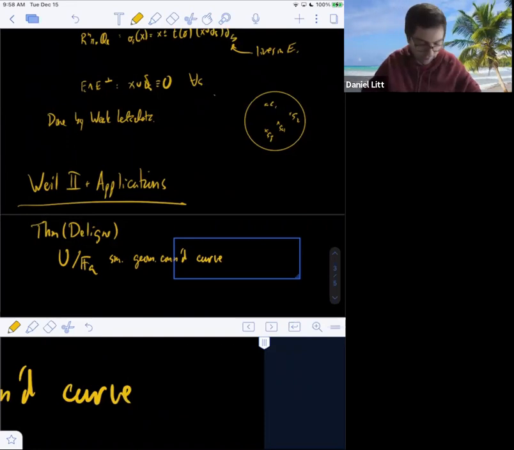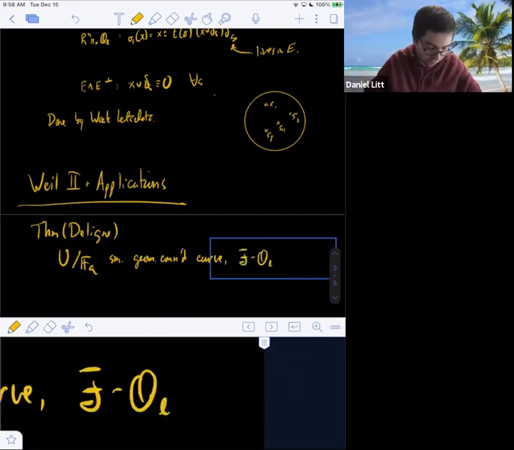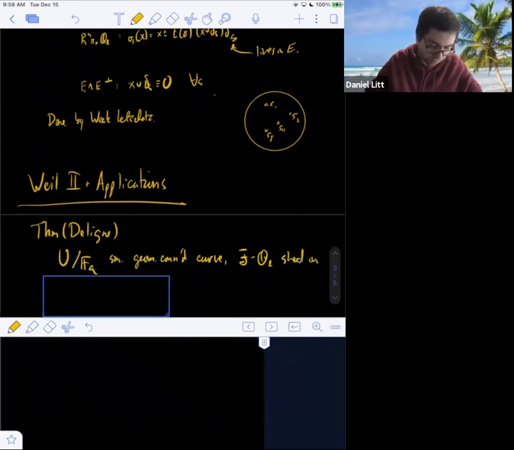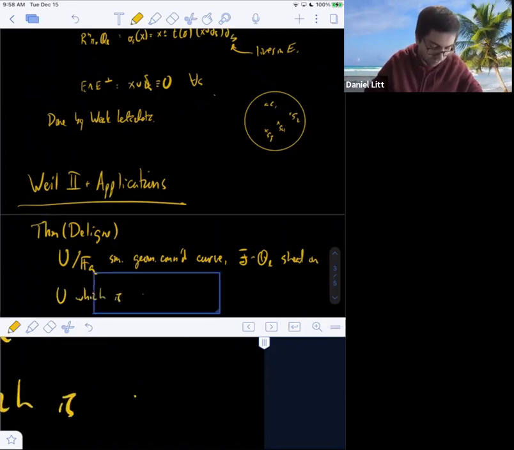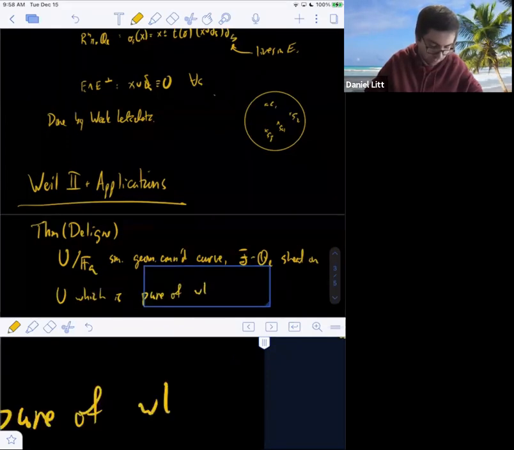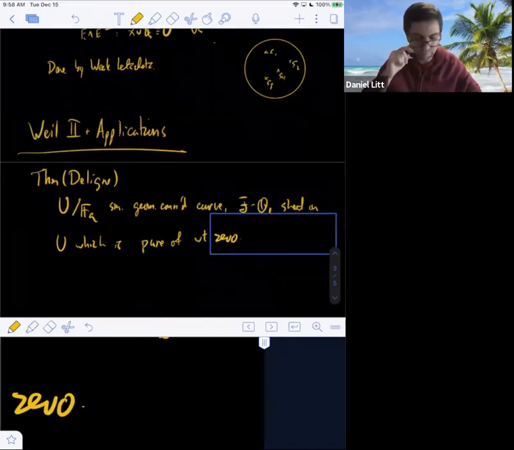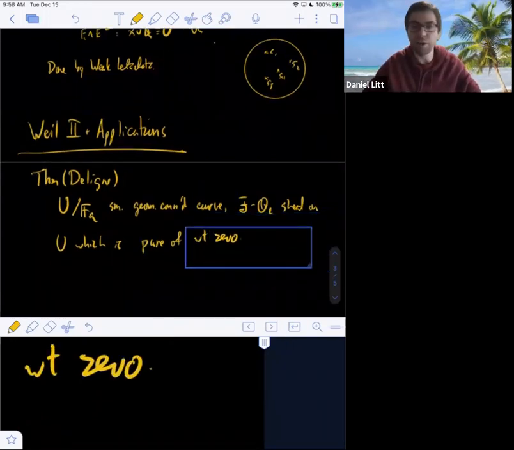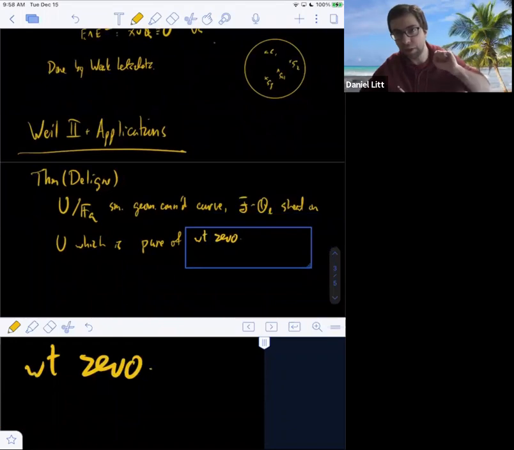And I'll suppose F is a QL sheaf on U, which is pure of weight 0. So here, pure of weight 0 means that the Frobenius action on the stalks.